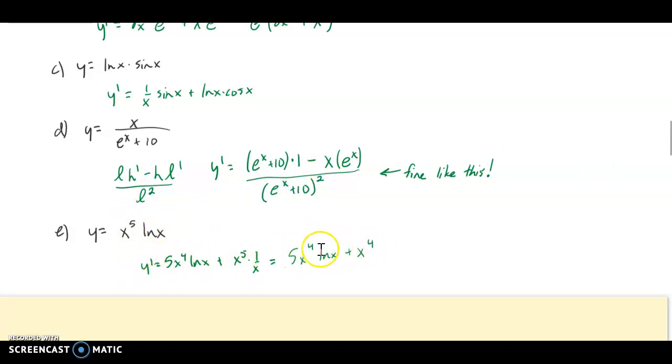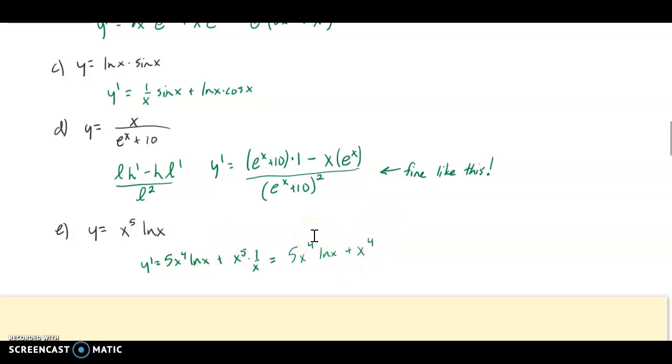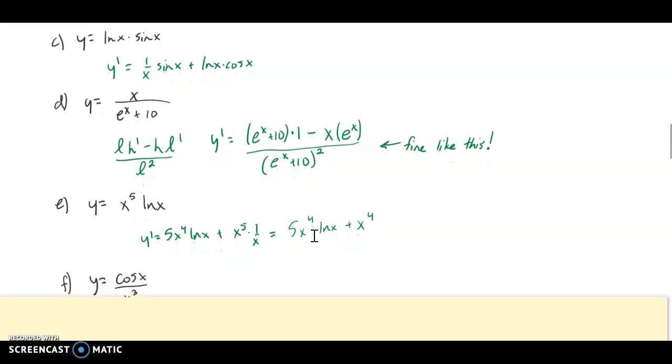You do want to have it in a simplified form. 5x to the 4th is the derivative of the first times the ln, which stays the same, plus x to the 5th, the first, times the derivative of ln, which is 1 over x. How does that simplify? Well, this x divides into those and cancels with one of them and leaves me with an x to the 4th.